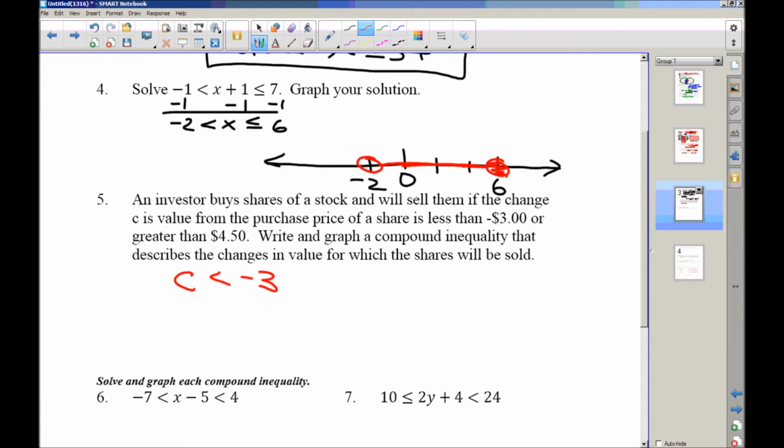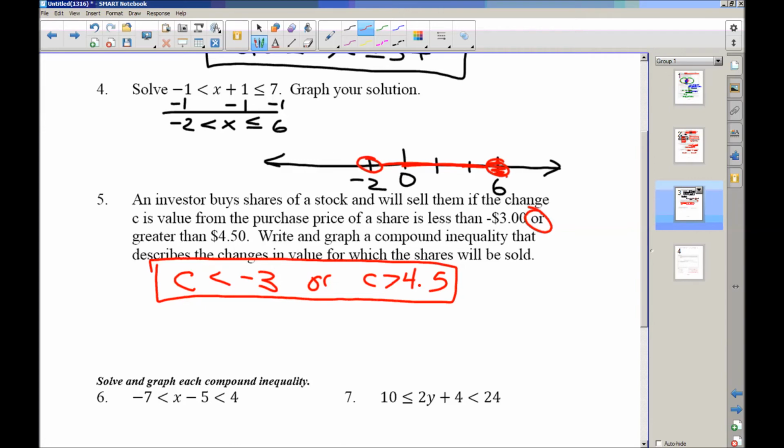So if the change amount goes down 3, or it goes up, so there's my word or here, greater than 4.50. So if the change is greater than 4.50, I'll sell. And as long as it's fluctuating between the two of them, we're not going to do anything. Okay. So this is our inequality. We cannot combine it because ORs have to be written separately.